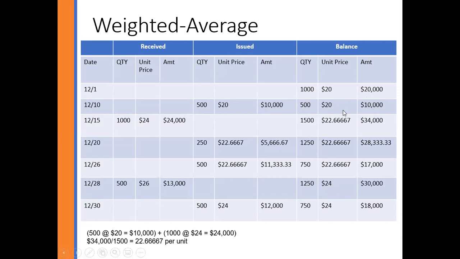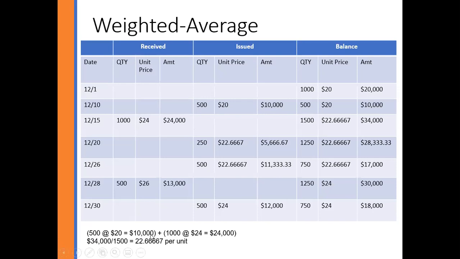Now, here's where we've got a purchase. So now after this purchase, we have to calculate a new cost per unit, a weighted average cost per unit. So now we purchase 1,000 units at $24 each, and so that's 24,000. To calculate the weighted average, look down here at the bottom of the screen: we've got 500 units at $20 each, that costs 10,000, plus 1,000 units at 24 each, that costs 24,000.